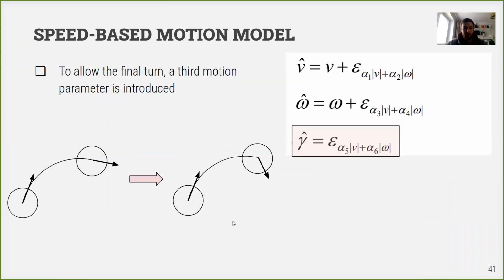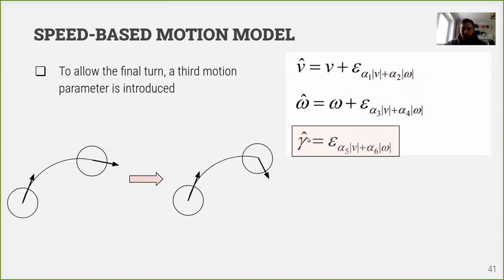But actually we will have to add a third artificial parameter to our motion model because we want our robot to be able to rotate in place. And as you remember, for example, if we are using differential drive, our robot is able to rotate in place. And with this circular arc motion, we cannot represent such a maneuver.